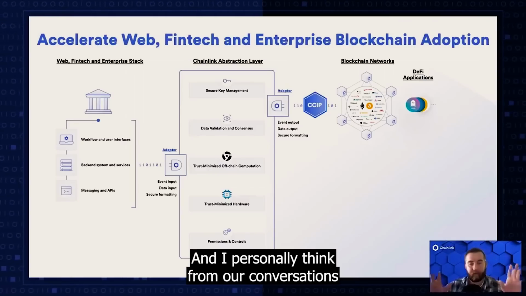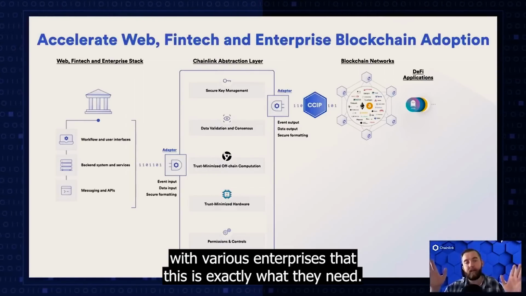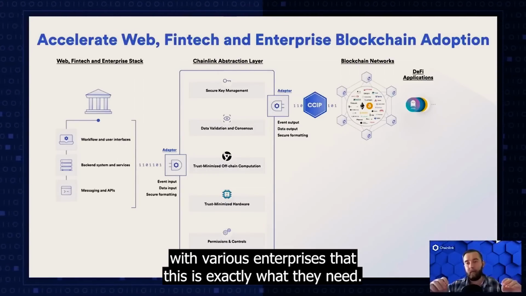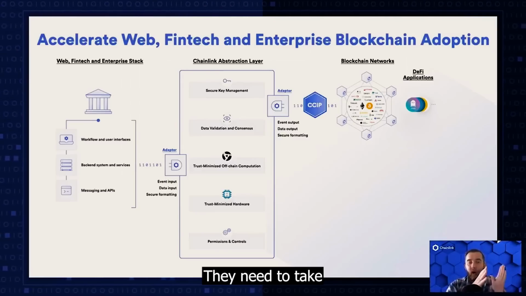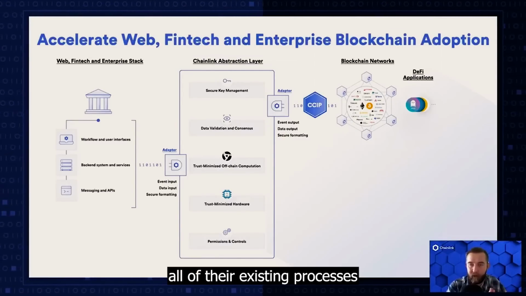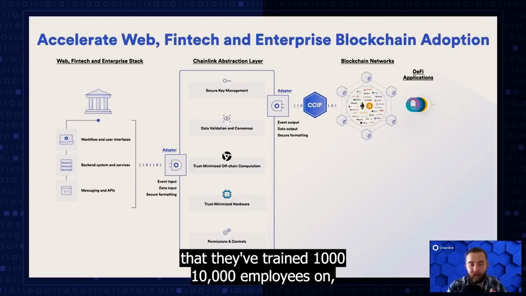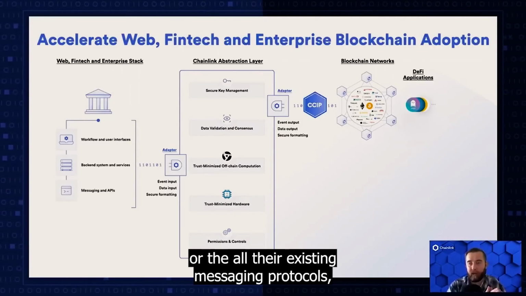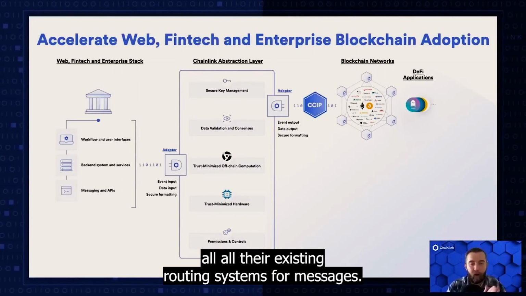And I personally think from our conversations with various enterprises that this is exactly what they need. They need to take all of their existing systems, all of their existing workflows, all of their existing processes that they've trained 1,000, 10,000 employees on, or all their existing messaging protocols, all their existing routing systems for messages.